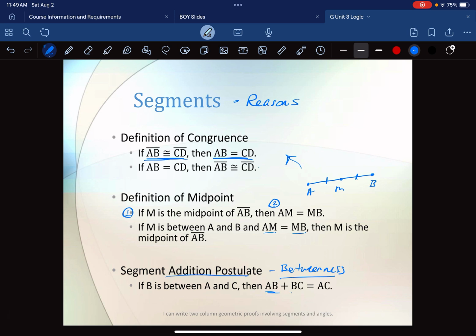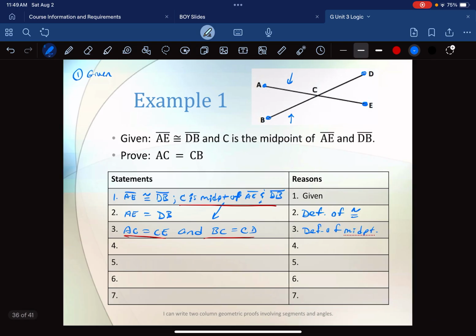It says the two small pieces equal the large piece. So I know that AC plus CE is equal to AE. And I know BC plus CD equals DB. And that's by betweenness.